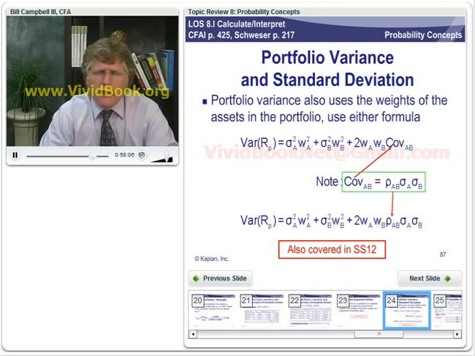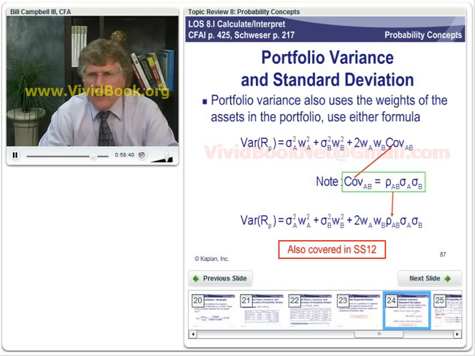Now I want you to take a look at that last formula down there. Notice that sigma squared of A is positive. W squared of A is positive. Sigma squared of B is positive, and W squared of B is positive. So those first two terms are all positive numbers. Those are all going to make the variance increase. The only possible way that you could make the variance of the portfolio returns go down is by making that last term decrease.